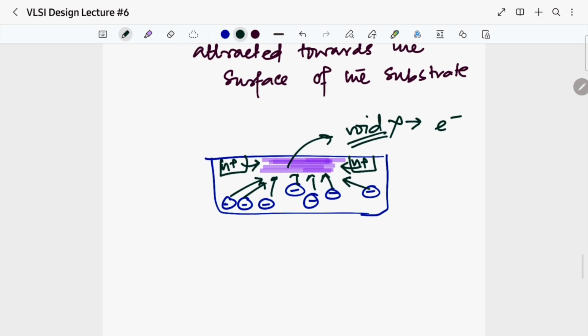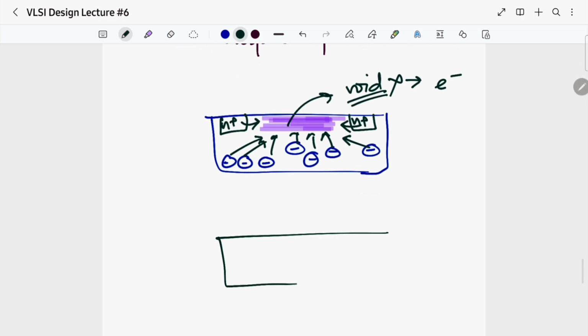Okay, now what will my structure look like? We will have this n plus and p-type like this, and over here all the electrons that get attracted from the n plus regions and the bulk will come and get accumulated at this region.